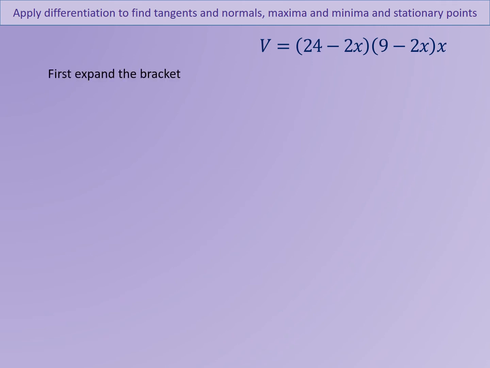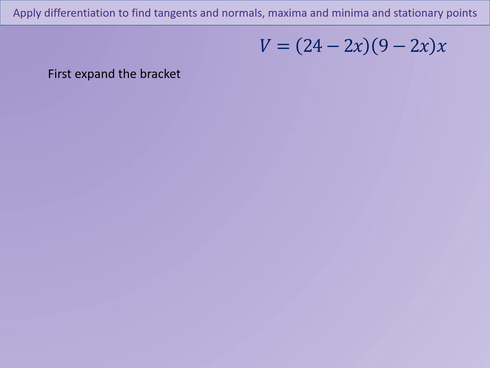Okay, good. So now I need to maximize that volume, and we already know a little bit about maximum values and where they occur on the graph of the function. So if I'm going to have to differentiate this function, I need to expand the bracket. I can't differentiate this formula by simply differentiating each of the brackets.